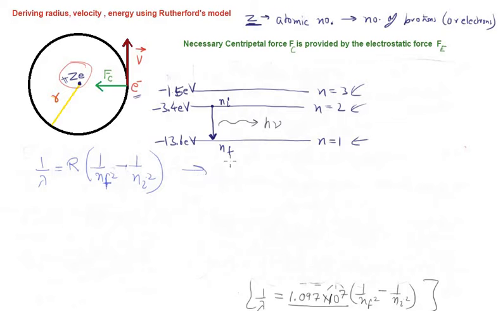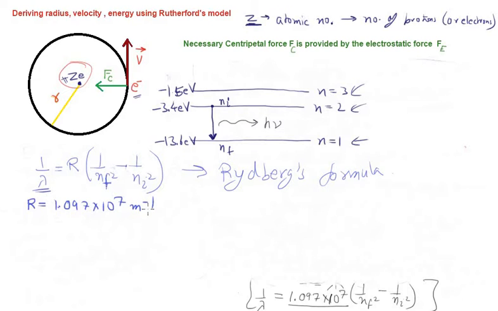Now this is a very important formula. We call it Rydberg's formula. And the value of R, as we know, is 1.097 into 10 to the power 7, and the unit will be meter inverse, because lambda is in meters, so R will be in meter inverse.